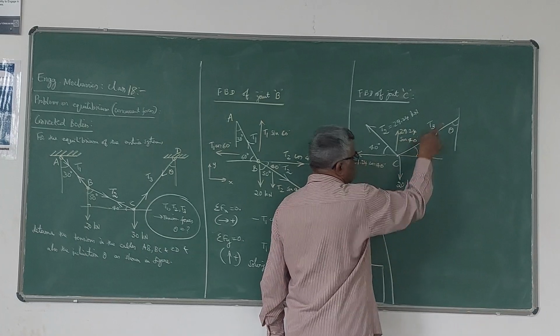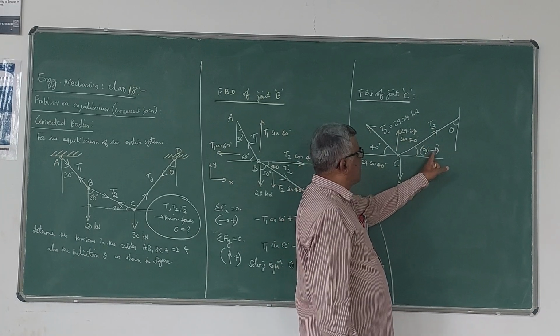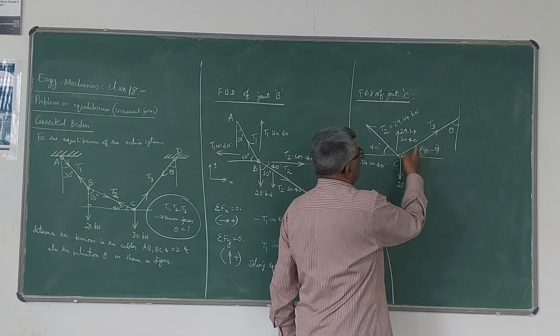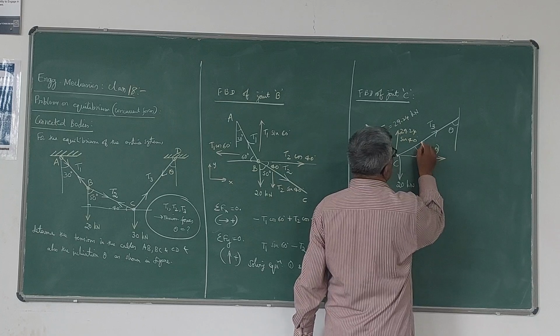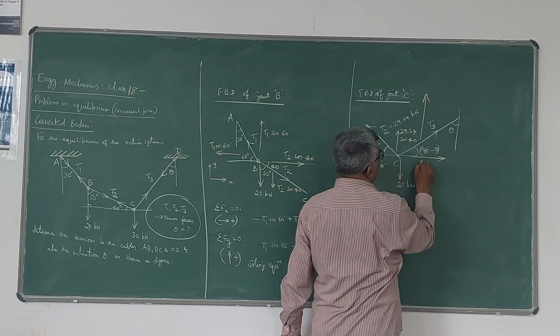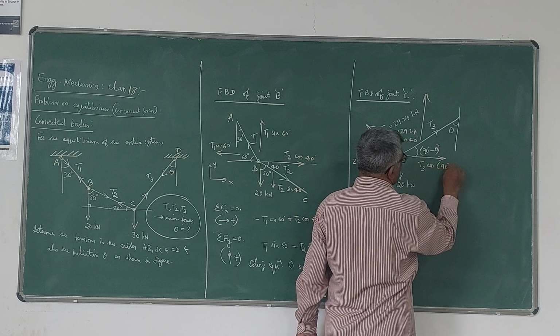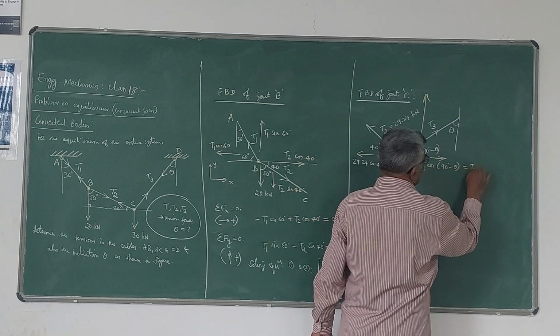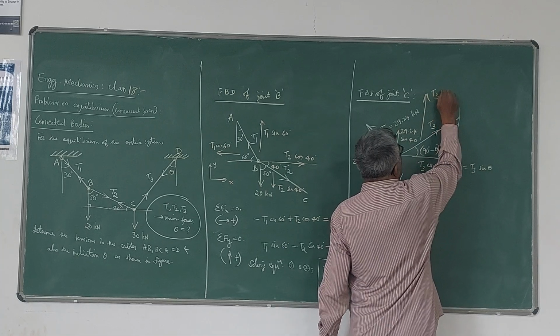Then when you resolve this T3, please be careful here. This angle becomes 90 minus theta, this becomes theta. So when you are resolving, this is acting in the first quadrant. Therefore horizontal will be like this and vertical will be like this. So T3 is unknown here. So this is T3 cos (90 minus theta), which is the same as T3 sin theta, whereas this becomes T3 cos theta.